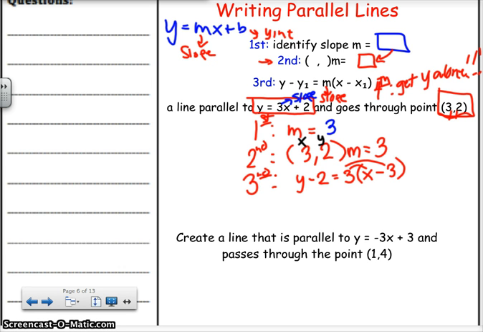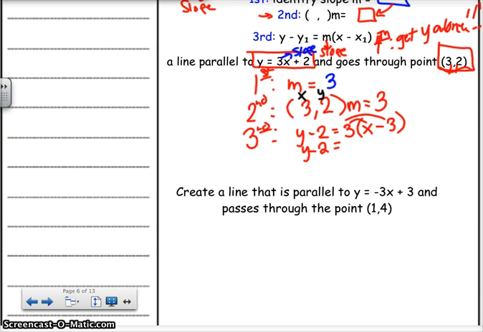Okay. So I'm going to distribute y minus 2. Okay, so we're distributing that 3. Y minus 2 equals 3x minus 9. Distributing the 3. Y is not alone. I'm almost alone though. Look at it, it's so close. All I have to do is move that 2, and I'm alone.